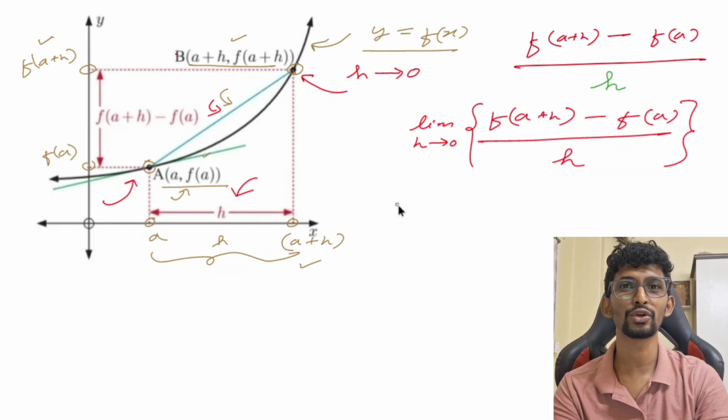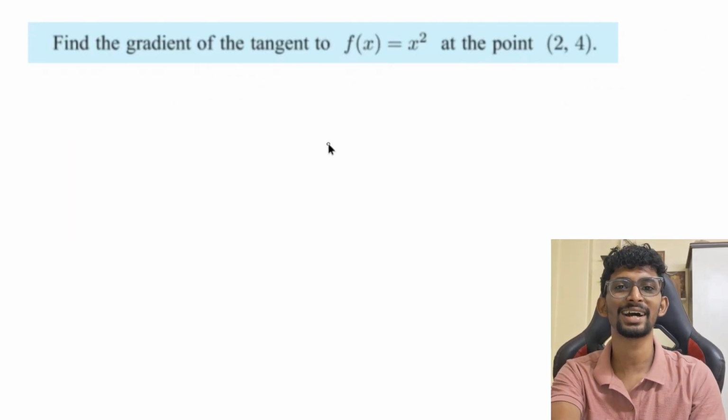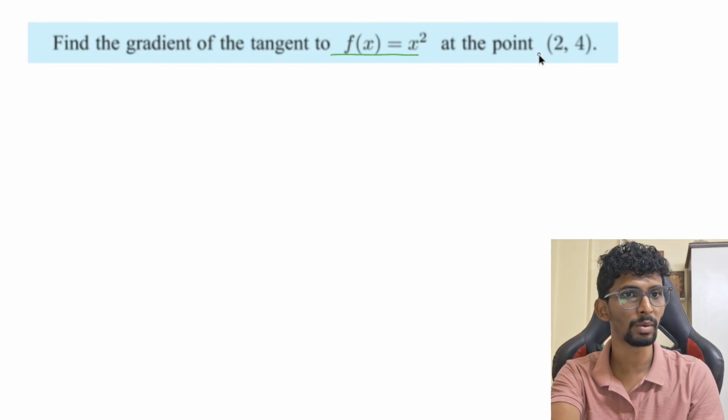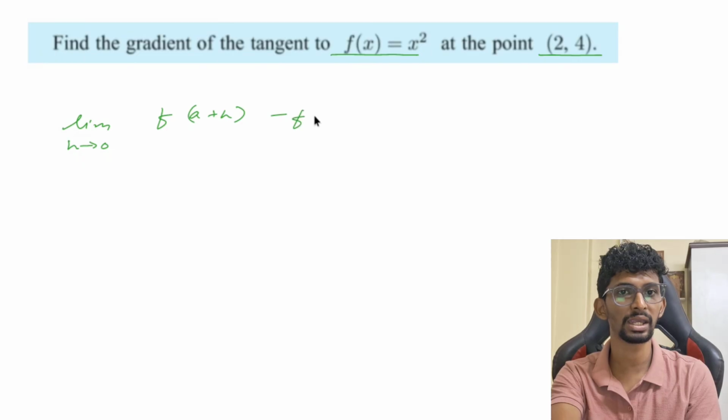Now let me do a question using this formula. So let us observe this. Here they ask, find the gradient of the tangent to f of x equals x square at point 2, 4. So only one point is given. So we know the formula is limit of h tends to 0 of f of a plus h minus f of a divided by h.